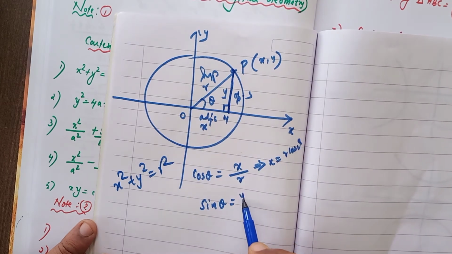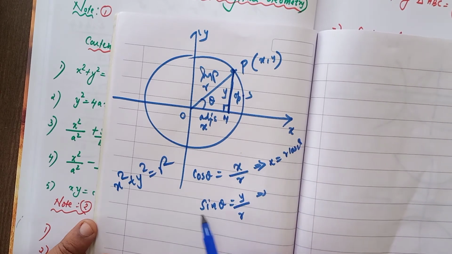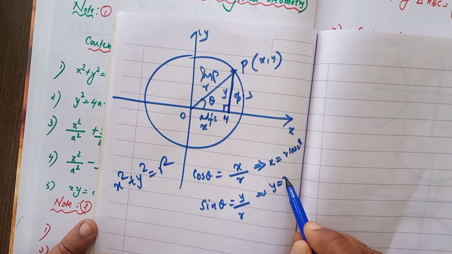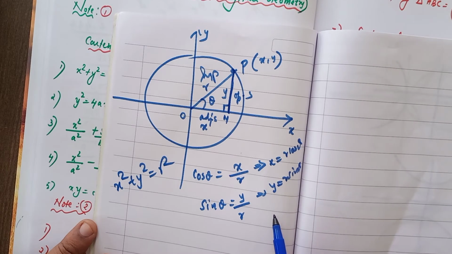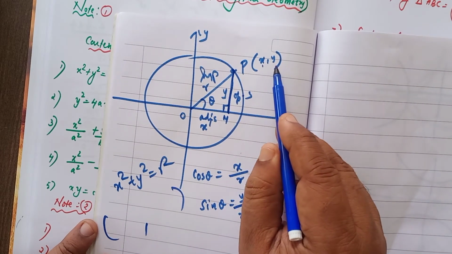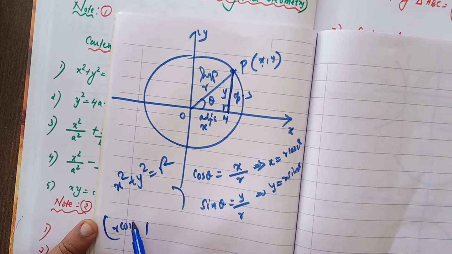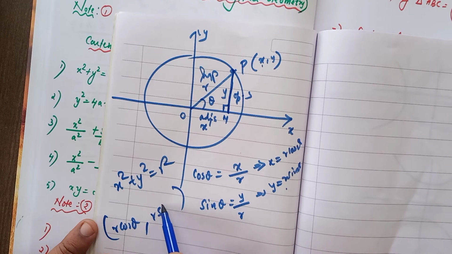Opposite side is y, hypotenuse is r, correct, y by r. If we cross multiply, we get y equal to r sin theta. Now the general point x comma y, x can be replaced by r cos theta and y is equal to r sin theta.